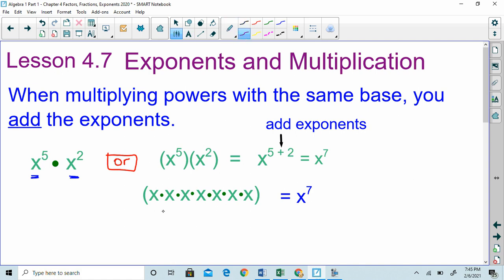We have x to the fifth, which is 1, 2, 3, 4, 5, times x to the second. So if I show it to you in expanded form, I see that there are 5 plus 2, which is 7. So when we're going to multiply powers with the same base, we'll add our exponents.